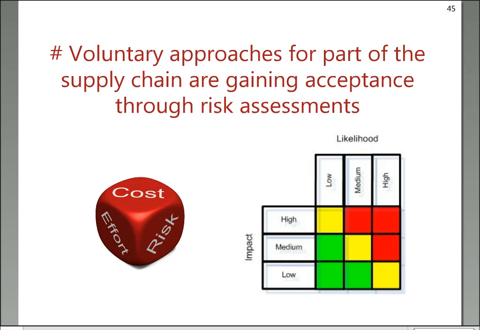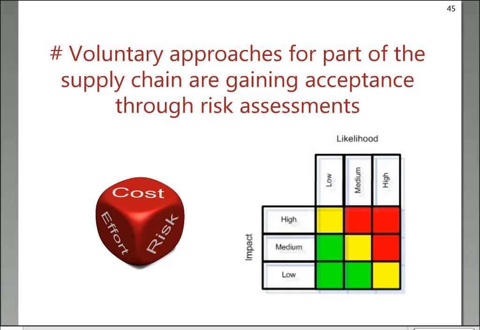But one thing we can see is that voluntary approaches for parts of the supply chains are gaining acceptance through risk assessments. So when you talk about risk, it will often have two dimensions, as you can see here. What is the magnitude of the impact that a certain action has? Is it high, medium, low?